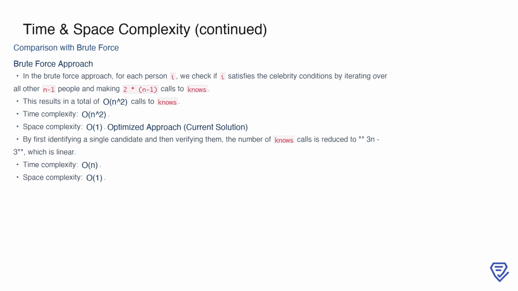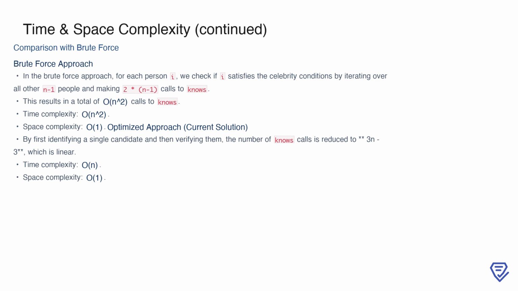To better understand the efficiency of this approach, let's compare it to the brute force method. In the brute force approach, for each person i, we check if they meet the celebrity conditions by iterating over all other n-1 people. For each of these checks, we make 2(n-1) calls to the knows function, leading to a total time complexity of O(n squared). However, the optimized approach drastically reduces this by first identifying a single candidate in O(n) time and then verifying the candidate in another O(n) step.